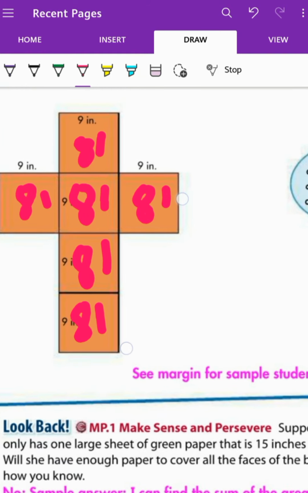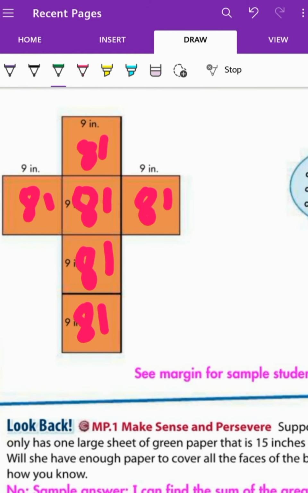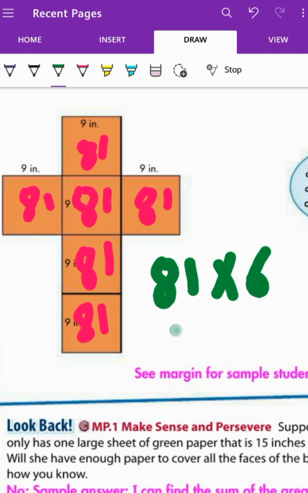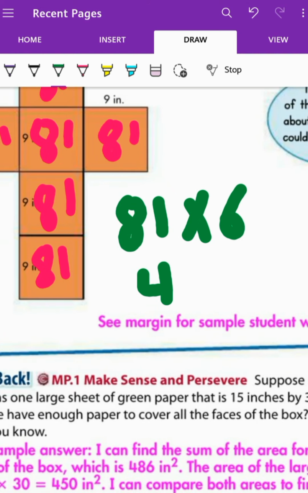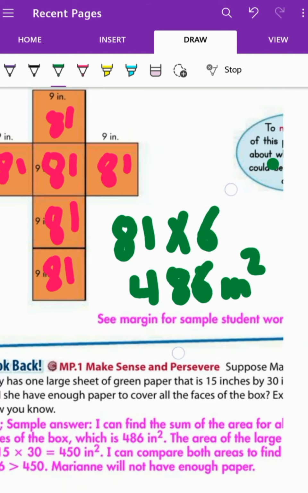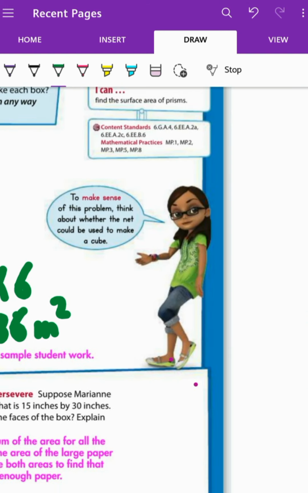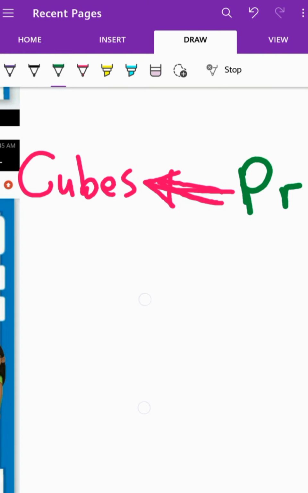So you multiply the 81 by 6, and you get 486 inches squared.